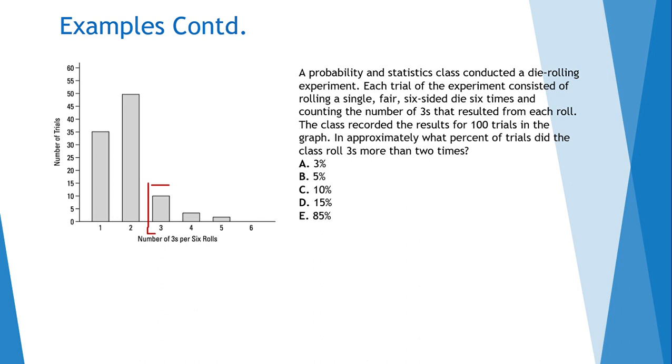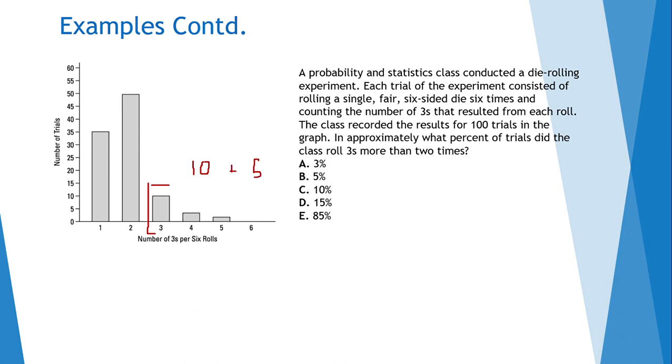And I have a little bit less than 5 for 5 threes per 6 rolls. That's hard to explain. So we'd have 10 plus something under 5 and something under 5. So like, let's say 5.